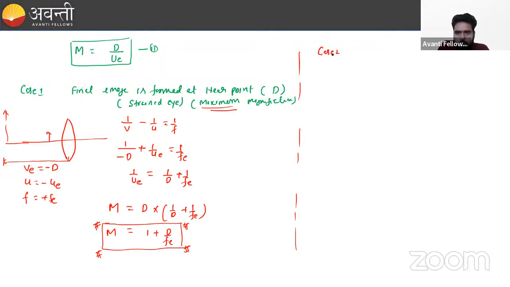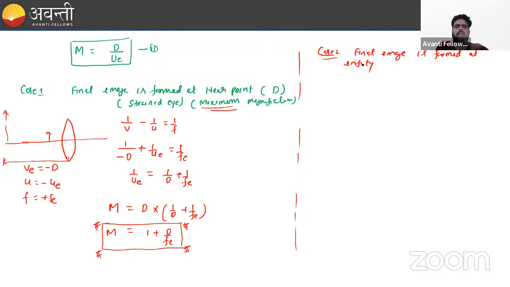What is case 2? If one tries to make the final image at the far point. What is the far point for the human eye? We can say that it is infinity. So if the final image is formed at infinity, right guys?